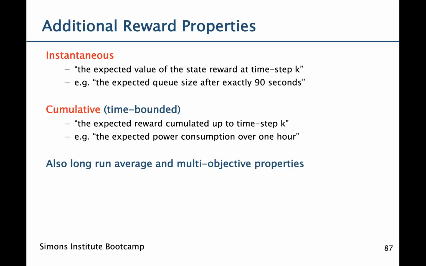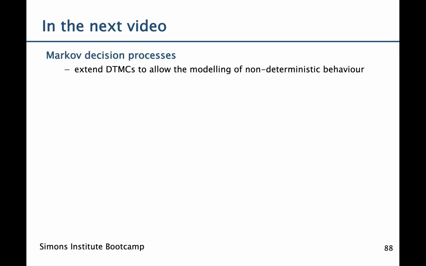Or there are also the cumulative time bound properties. For example, what's the expected cumulative reward up until time step k? There's also, for those that are interested, long run average, and we can have multi-objective properties that include rewards.